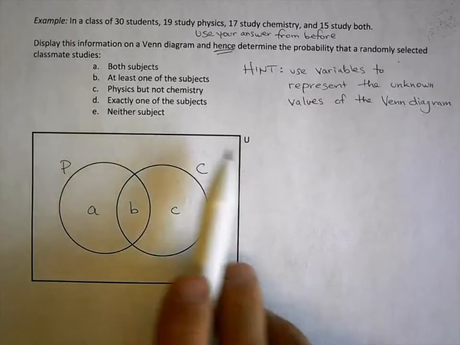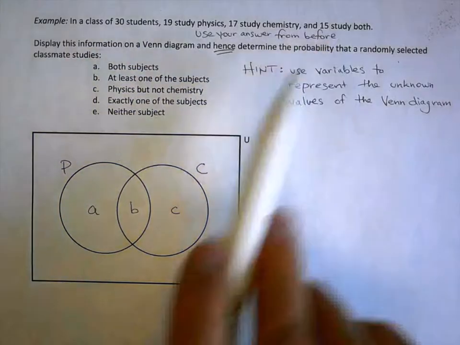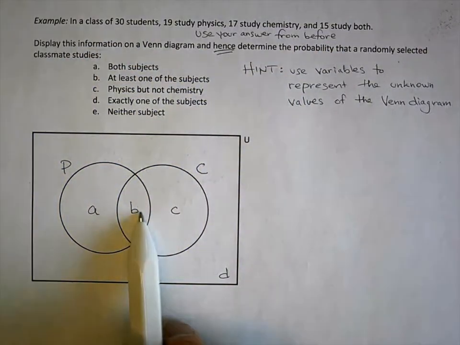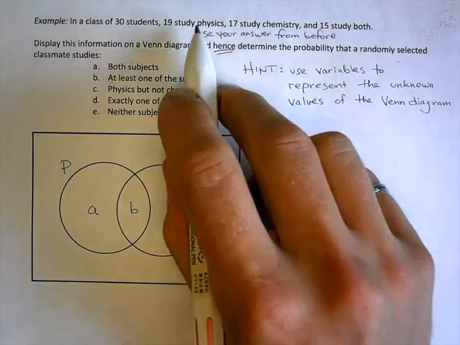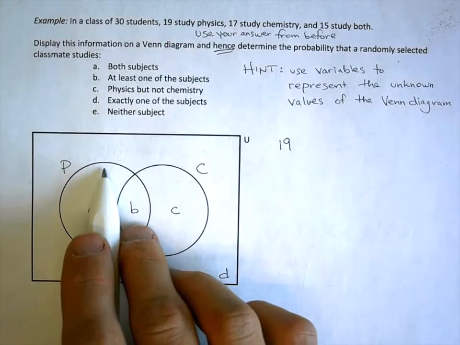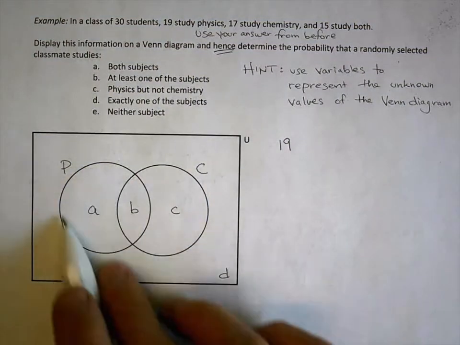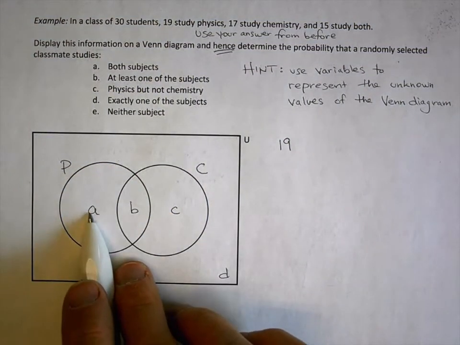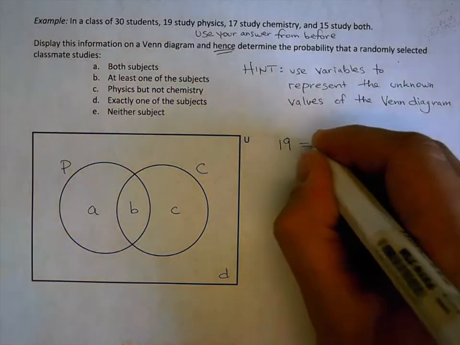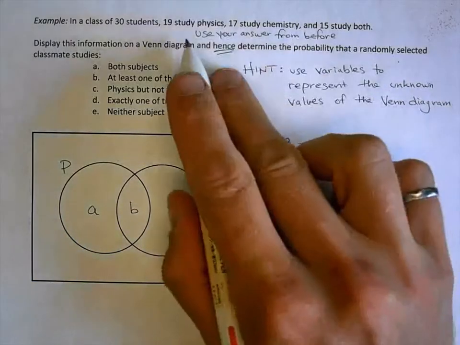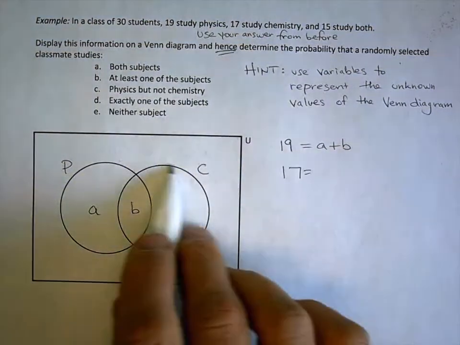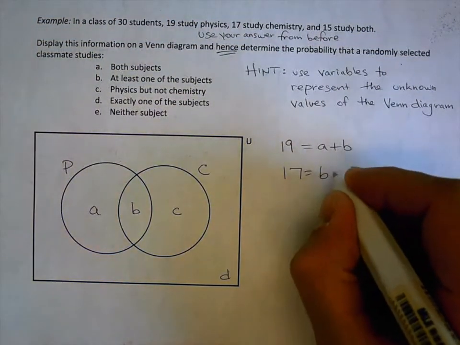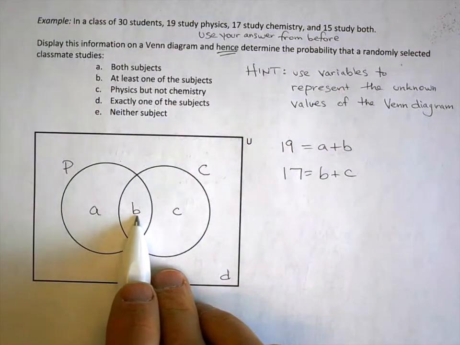Now, what I'm going to do is take all of the numbers I've been given and use the variables to express them. For example, the number 19. This is the students who study physics. All of these students in this circle study physics, so that's A plus B. 17 study chemistry. That means it's B plus C. Remember, B is the students who study both.